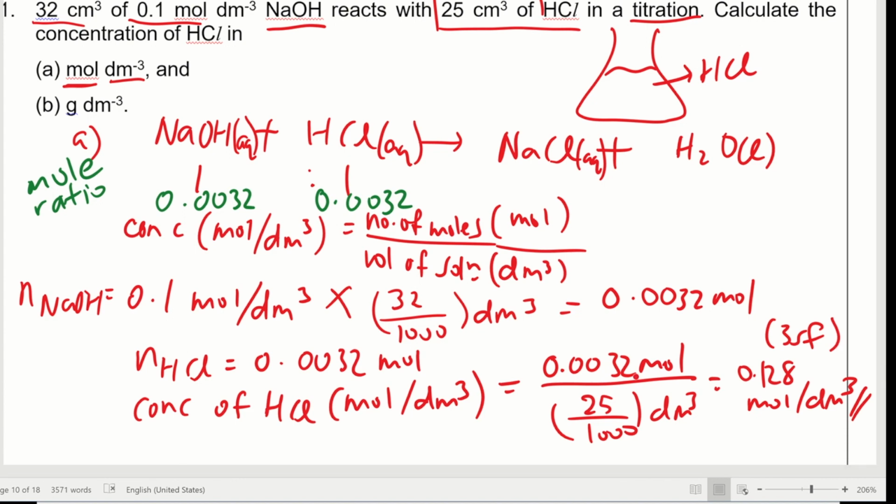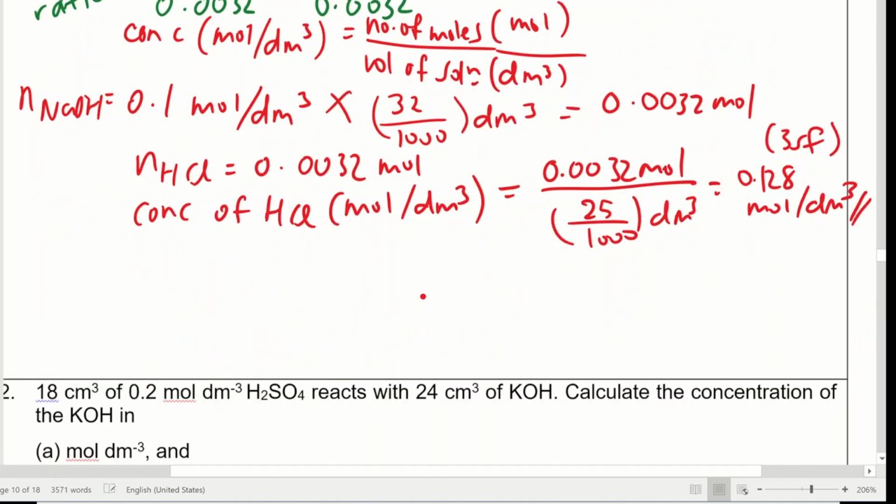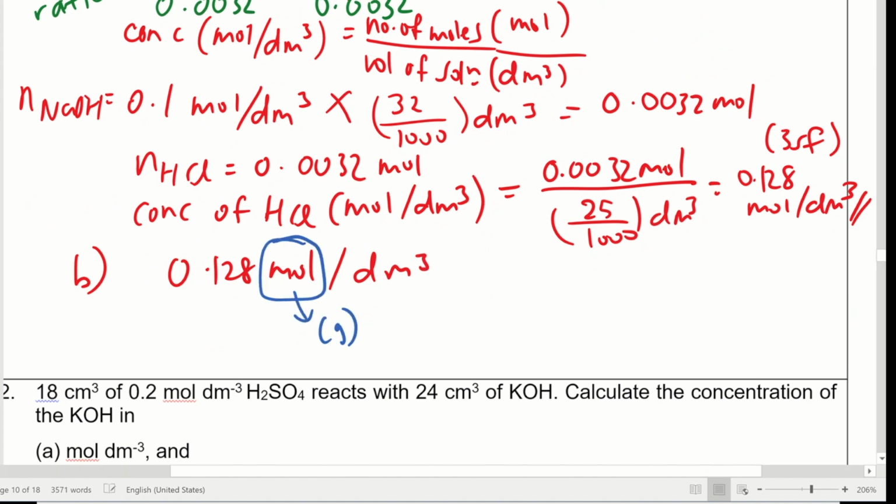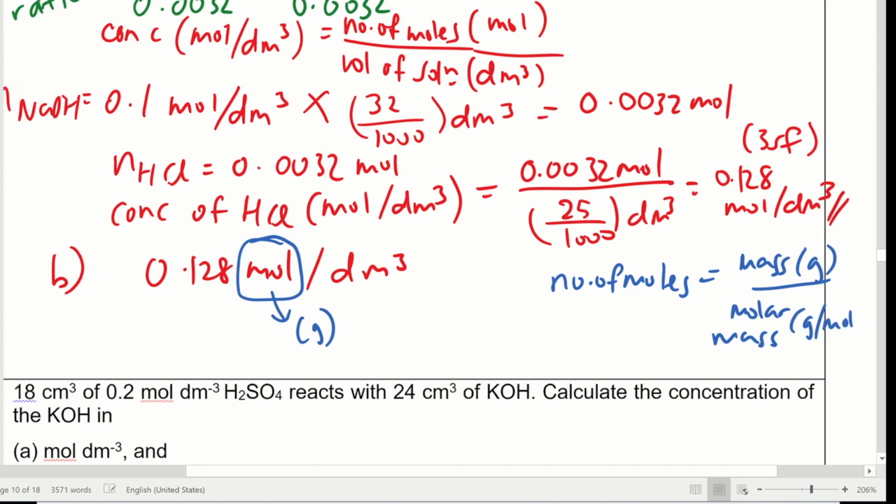Alright, then of course, I want to find out my concentration in gram per dm³. So from 0.128 mole per dm³, I need to convert to gram. Recall this formula: number of moles equals mass over molar mass.